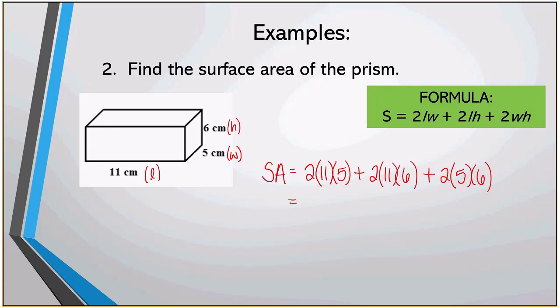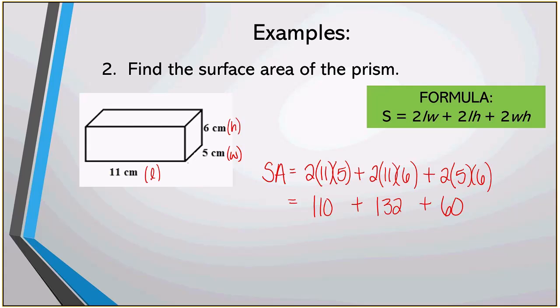So then in my calculator, 2 times 11 times 5 is 110. 2 times 11 times 6 is 132. And 5 times 6 is 30, and 30 times 2 is 60. I don't need the calculator for that one.